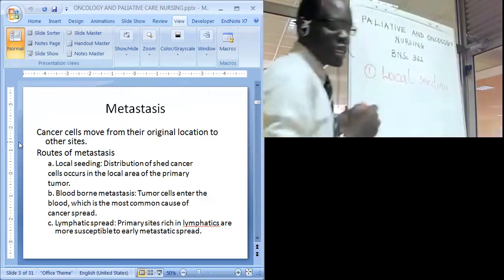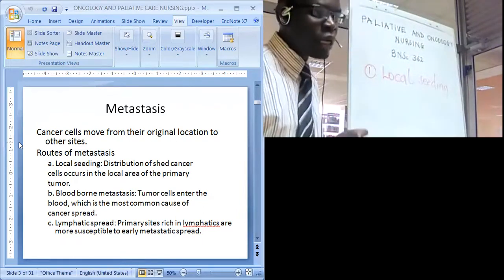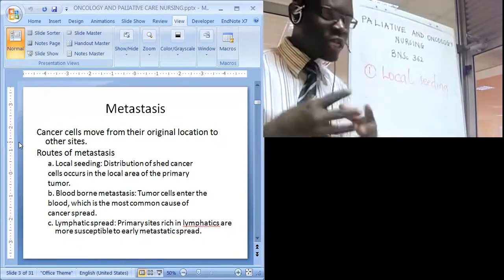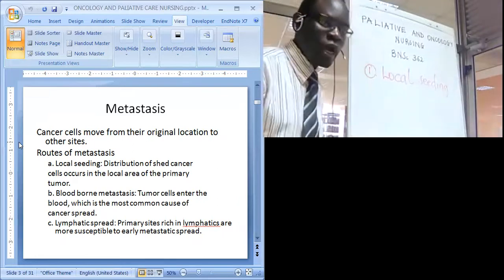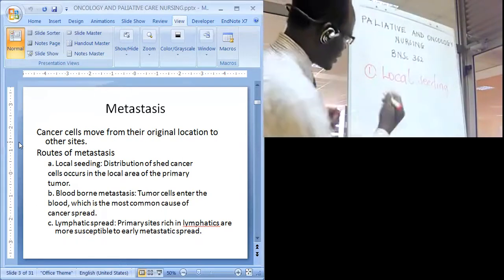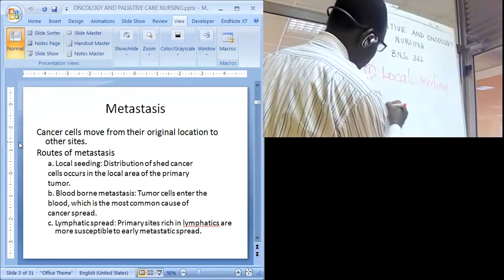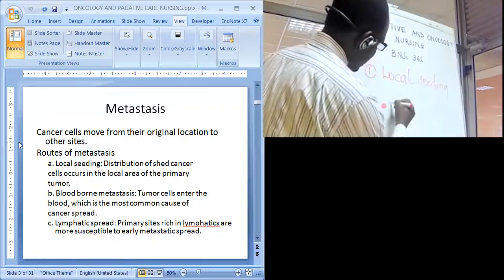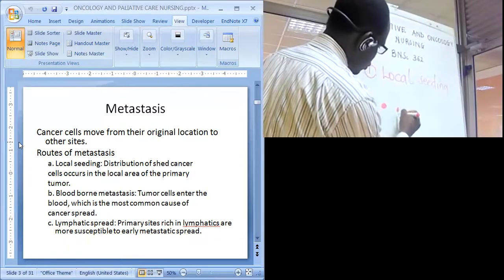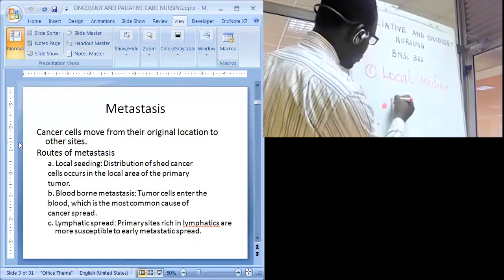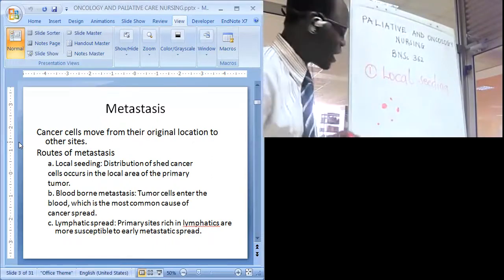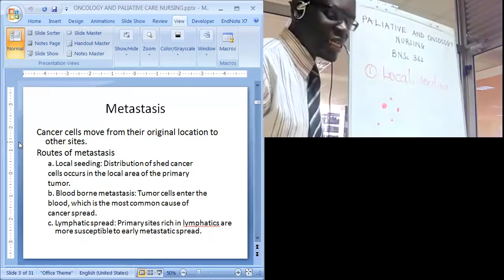Local seeding basically means that the cancers shed within the local area. For example, if a cancer started here, the cancerous cells break off and shed to other adjacent areas, but locally. That is what we refer to as local seeding.